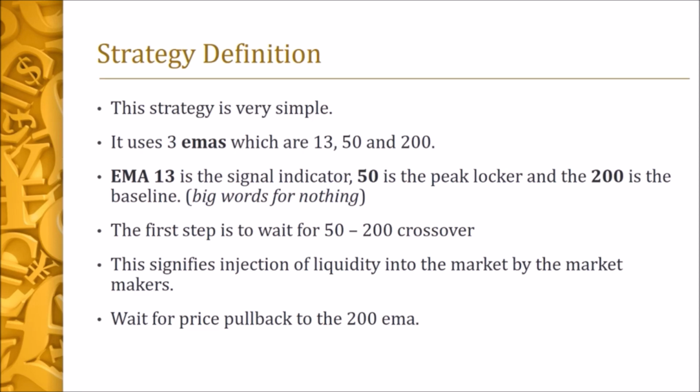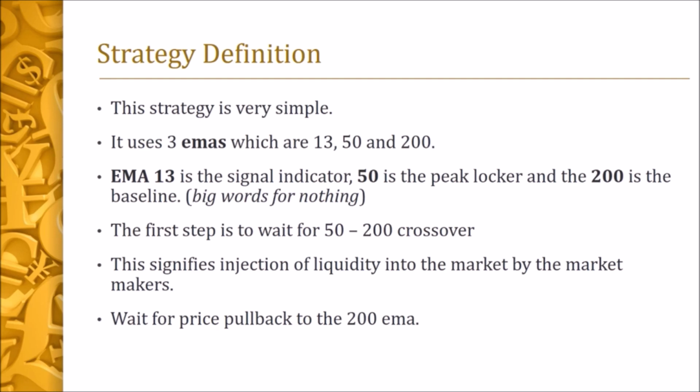The 13 EMA is the one we use for entry confirmation, and the 50 and the 200 give us assurance that the peak is locked, and the 200 is the baseline where we will wait for price to bounce.